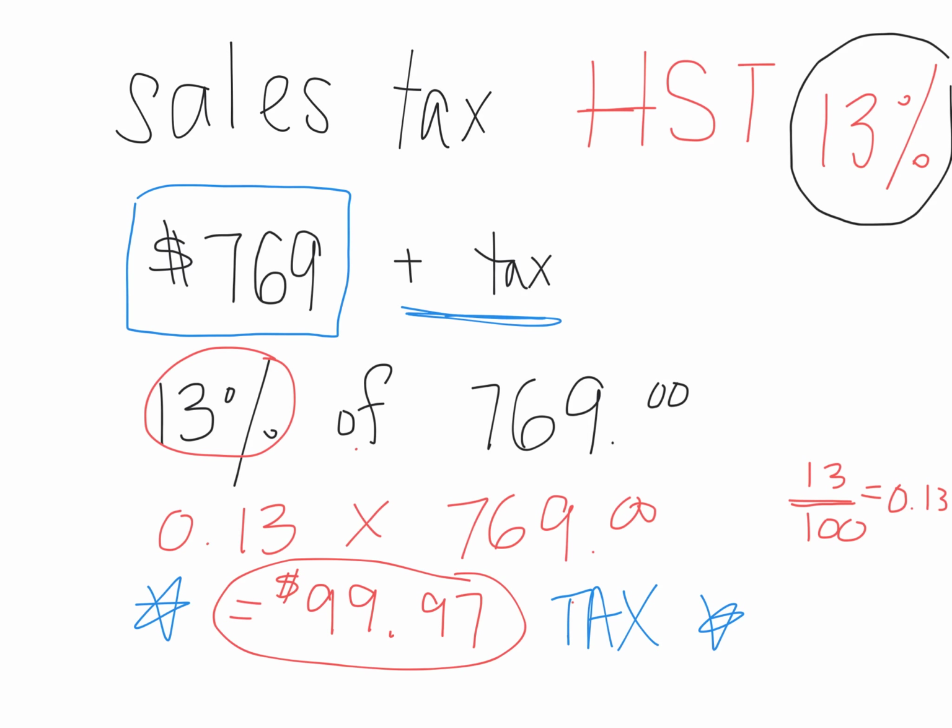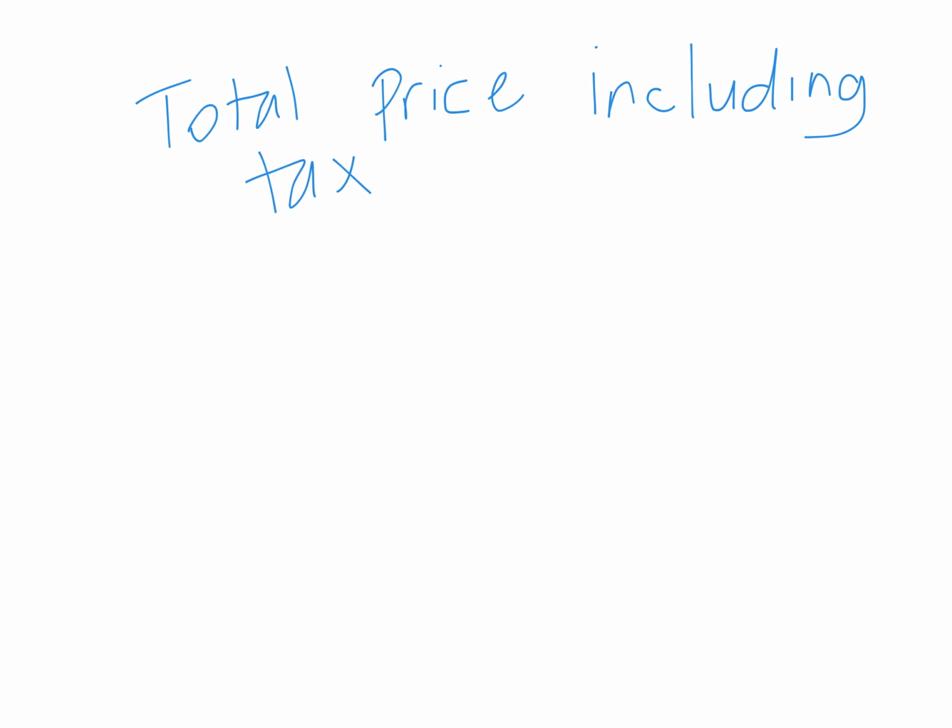Whenever you pay tax, you have to end up paying more than what the price tag says, $769. When you go to the cash register, the cashier is going to tell you that you owe more than $769. So we have to figure out what is the total price including the tax. To find the total price including tax, we take the original price, $769, and then we add the tax, because we have to pay extra.